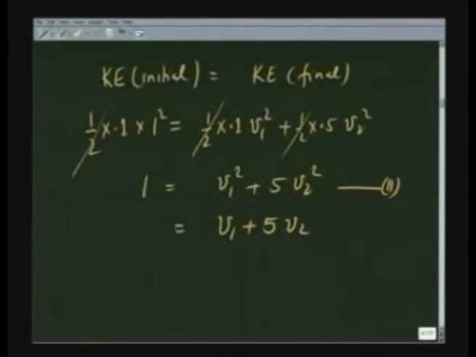Equation number 1, let me rewrite it once more: v1 plus 5 v2 is equal to 1. Solve these two equations to get v1 and v2. Let us substitute.